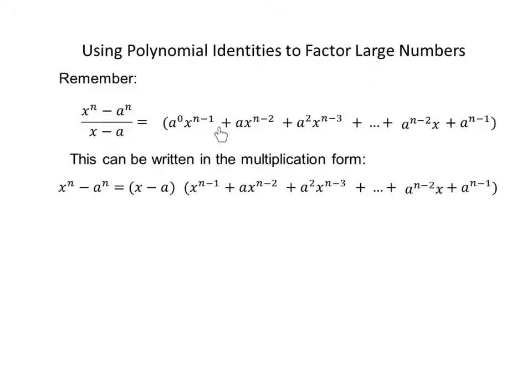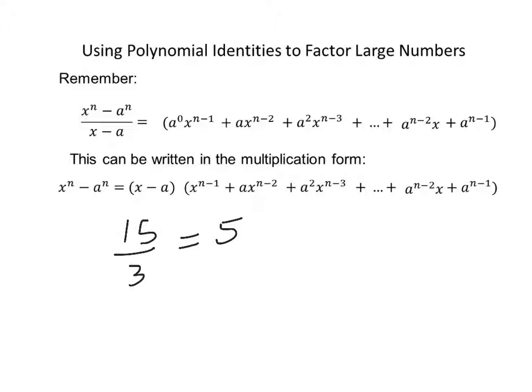Okay, there are two things we need to consider before we go into the examples. The first thing is to recognize that you can rewrite any division expression as multiplication. I'll give you a numerical example. So let's say I have 15 divided by 3 is 5.